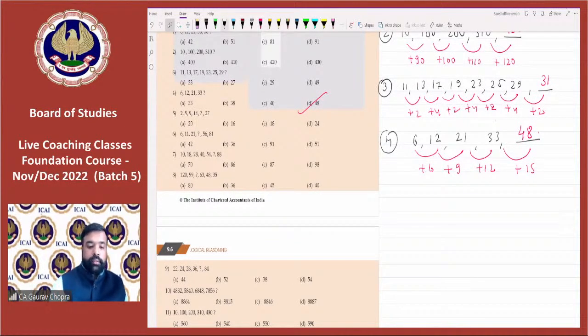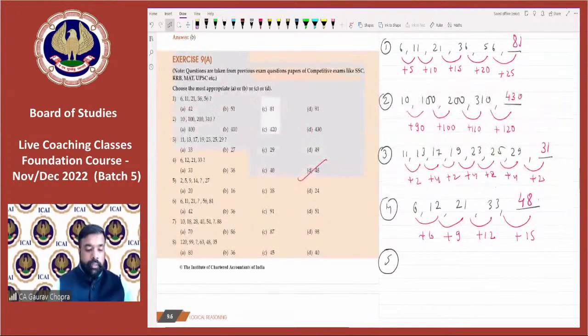Then fifth one. So let's try the next one. Yes, some of you are saying 31 is not given in the question number third options, but you have to write 31, make the correction, and make it 31.